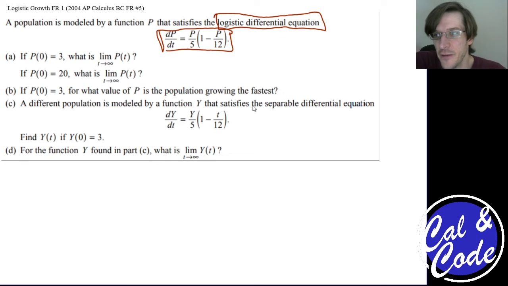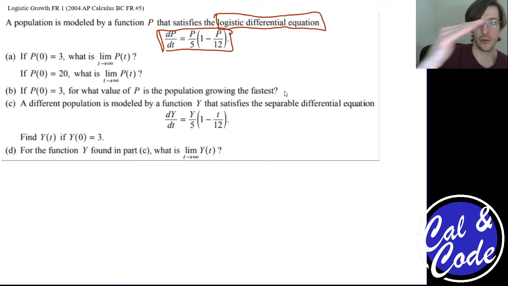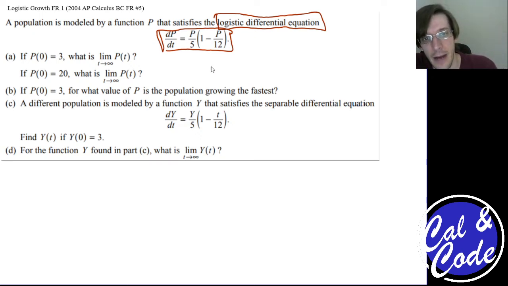Well, the first thing I need to figure out is my carrying capacity, because I know that as time goes on, this function is going to get closer and closer to its carrying capacity. We're going to start low, come up, and approach that carrying capacity. So I need to figure that out.